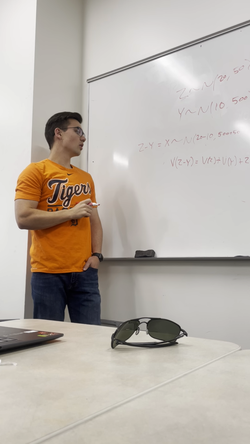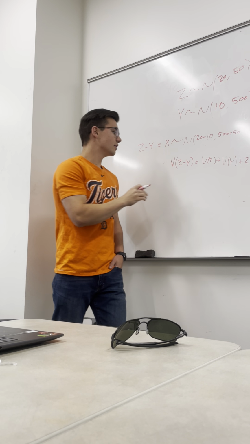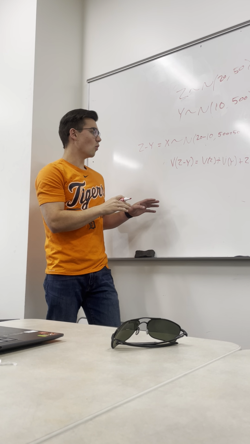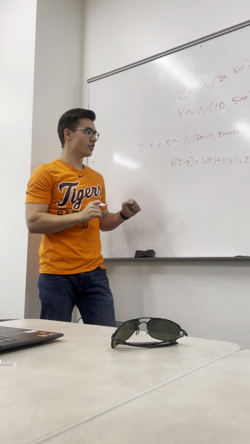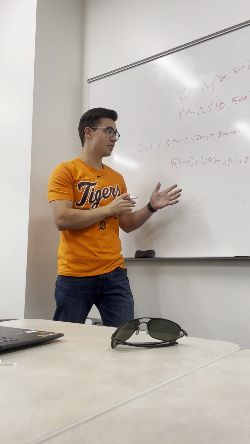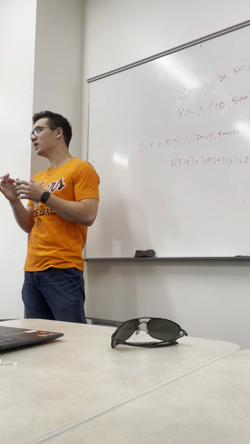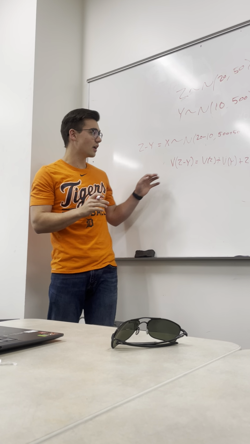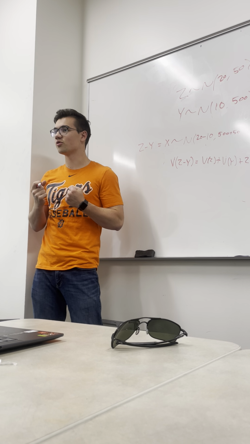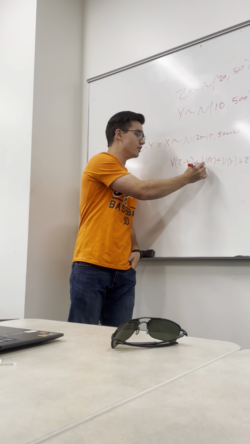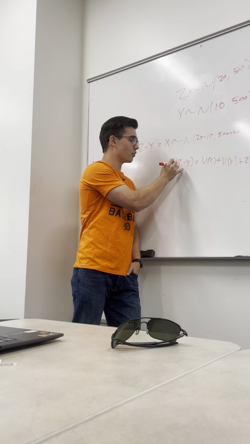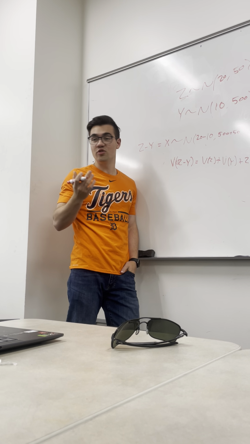I know that y is negative here, and so we might be tempted to subtract the variance of y from z. But if we remember our rules of how we find variances of things like this, we pull out the constants and we square them. So z has a 1 sitting in front of it. Pull that out, square it, it's just 1.